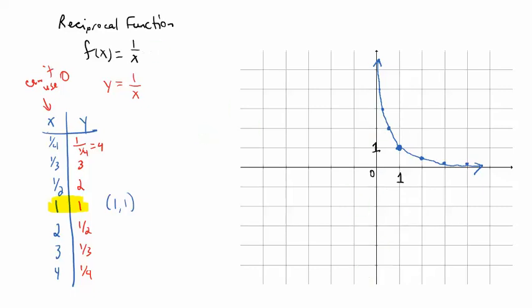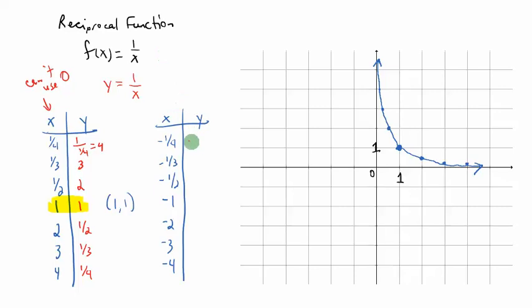Okay? But we're missing something. All we said was we can't use 0 for x. Well, we didn't use 0, but we also didn't use any negative x values. So what we're going to do now is look at more values to see what happens when your x values are negative. But we're going to choose similar x values. We'll choose like -1, -2, -3, -4, negative 1/2, negative 1/3, negative 1/4.